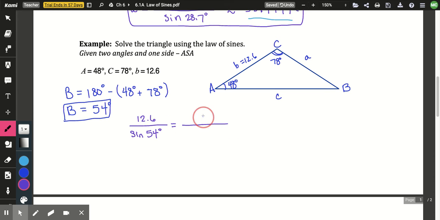So I think I'll do side A first. So I'll say A over sine of 48 degrees. And then to solve that, of course, I would be multiplying both sides by sine of 48 degrees. So this would come out saying 12.6 sine of 48 degrees divided by sine of 54 degrees.